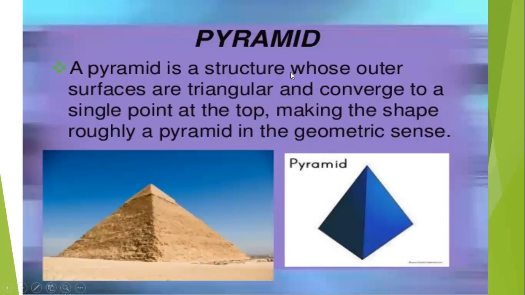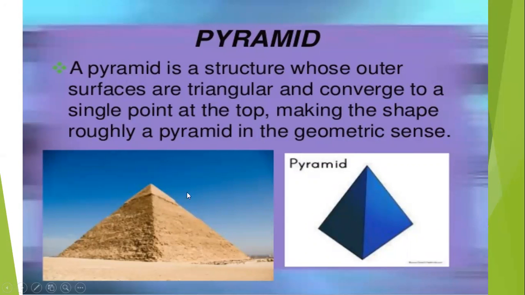If you look at pyramids, a pyramid is a structure whose outer surfaces are triangular, and basically they converge at a single point at the top, making a shape like a pyramid. You can see this is the single point where the sides converge.